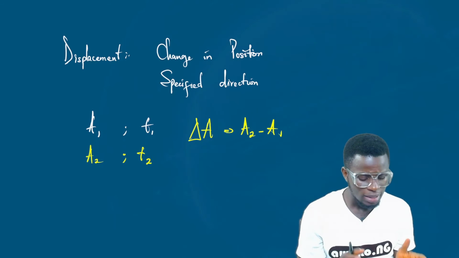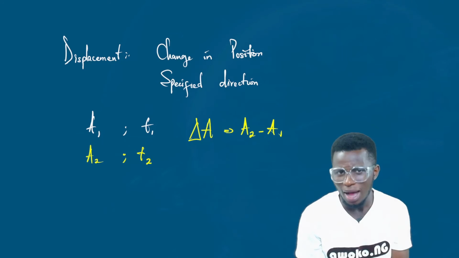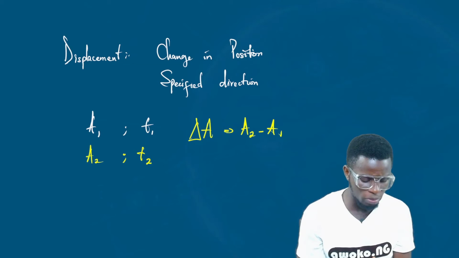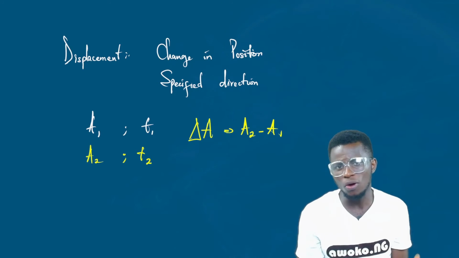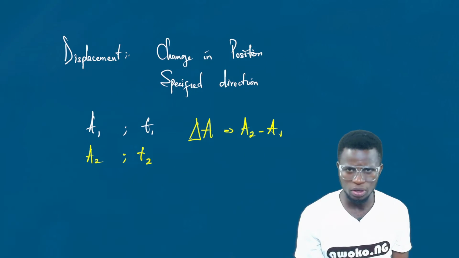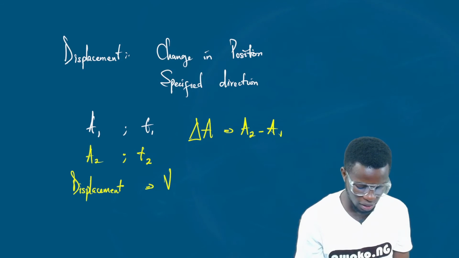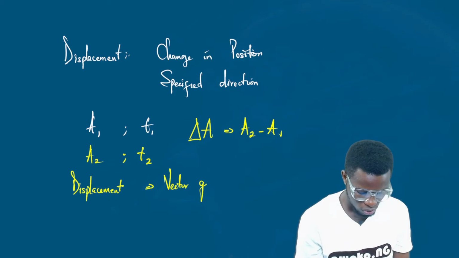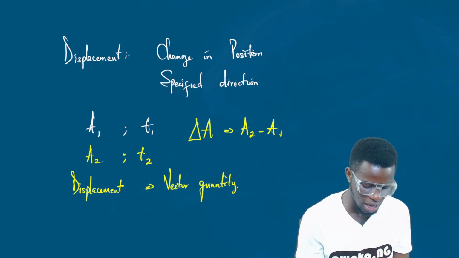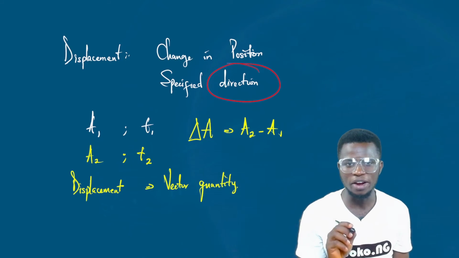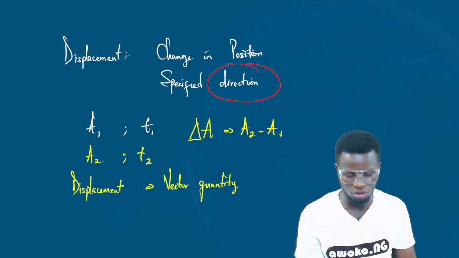Since it takes into account the direction of the body, we can call it a vector quantity. So we say that displacement is a vector quantity because the word direction is put into consideration.